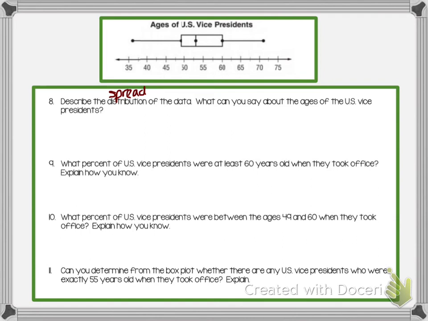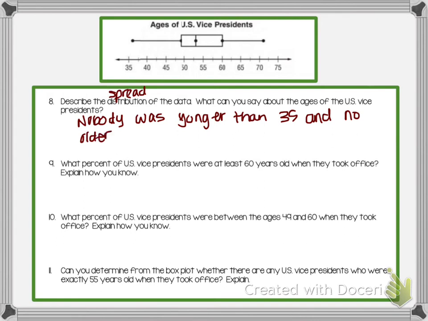So we could say nobody was younger than, what would we say? Nobody is younger than, good, 35. And no older than this.